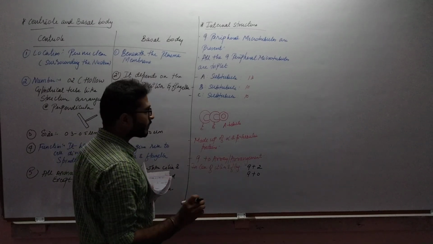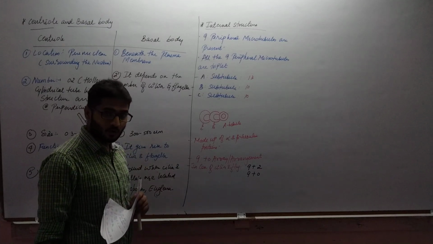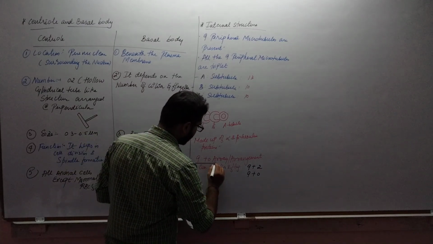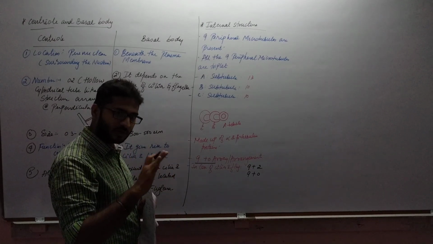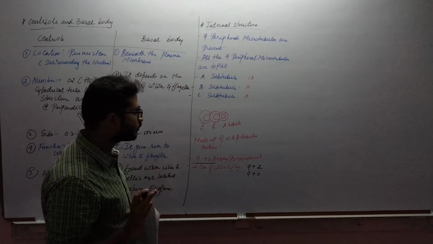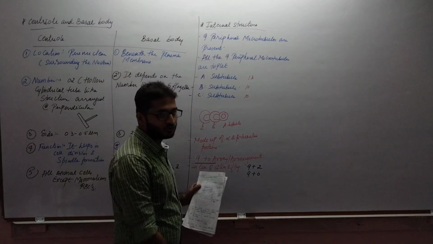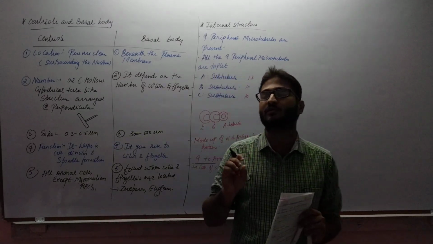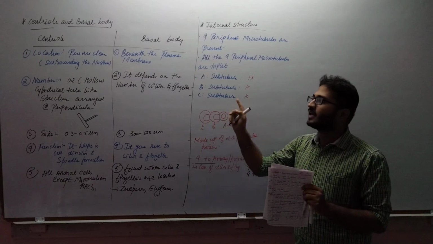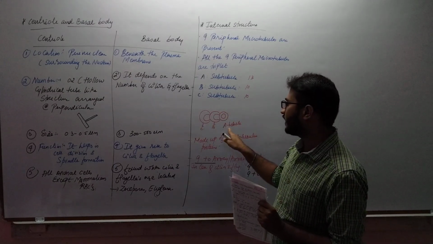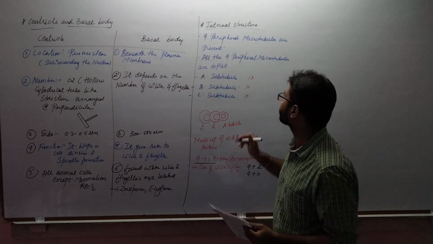But strictly within the centriole and the basal body, the arrangement is 9 plus 0 only. Protein is same, alpha as well as beta tubulin protein, but these 9 peripheral microtubules are arranged in a triplet form. So 3 tubules or 3 subunits are there. In case of cilium and flagellum, A and B tubules are there, right?